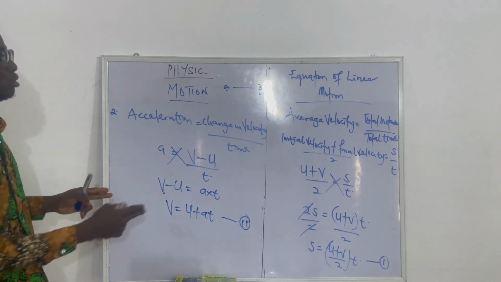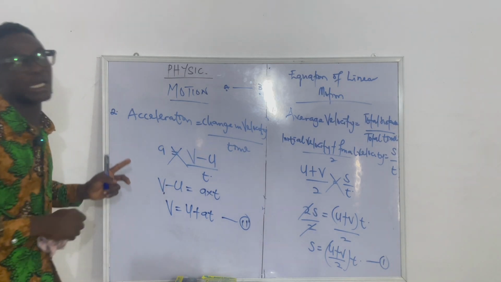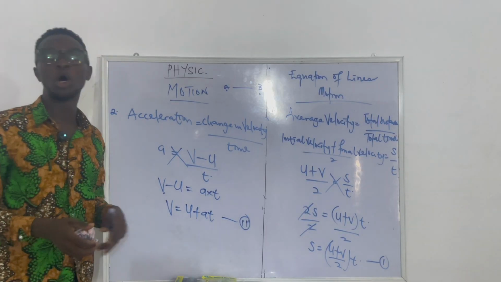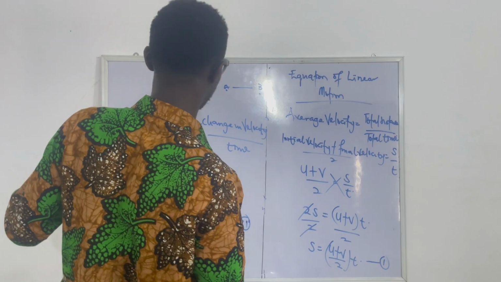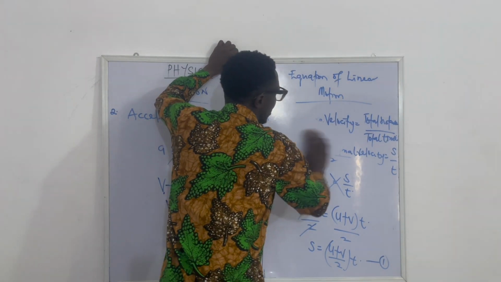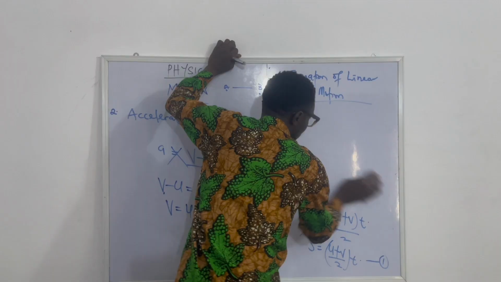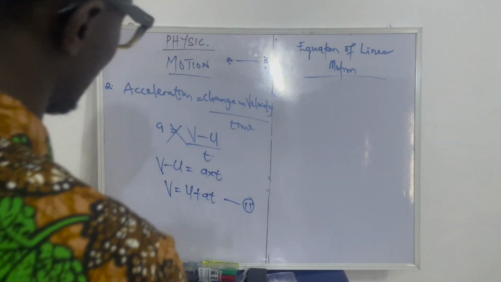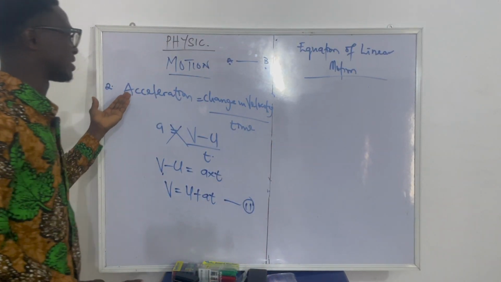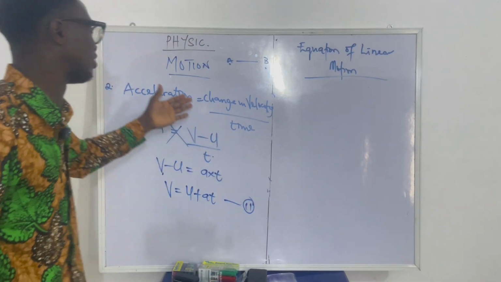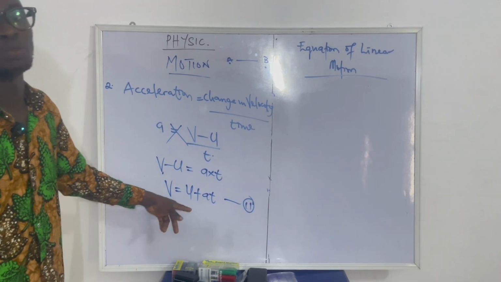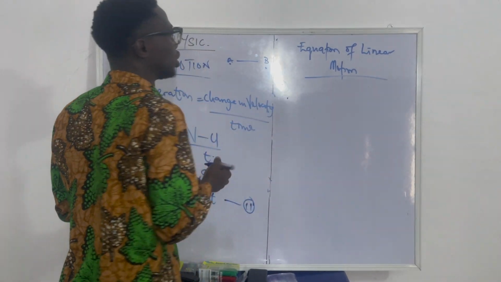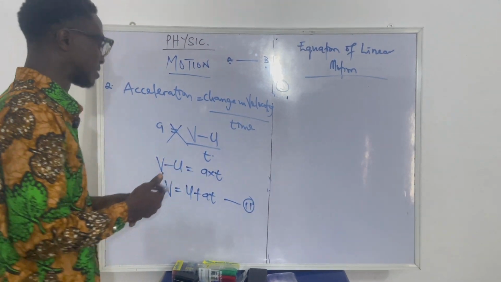Either we eliminate v to get the third equation, or we eliminate t to get the fourth equation. We said the second equation is gotten from acceleration, and we have proved that v equals u plus at is the second equation.